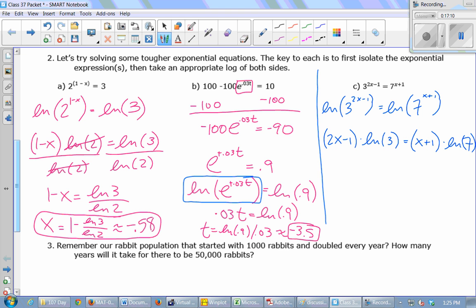And ln 3 and ln 7 are just numbers, so this is a simple equation to solve. It just is going to get ugly because ln 3 and ln 7 aren't integers. So that's left to you. You can work on that later.